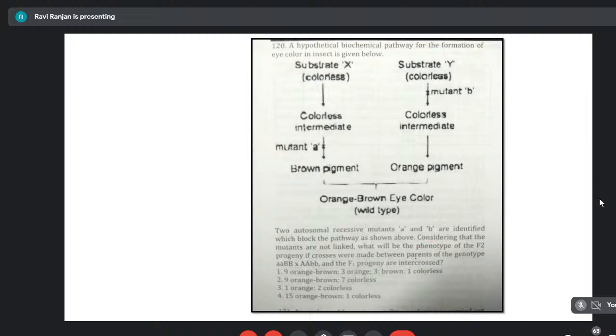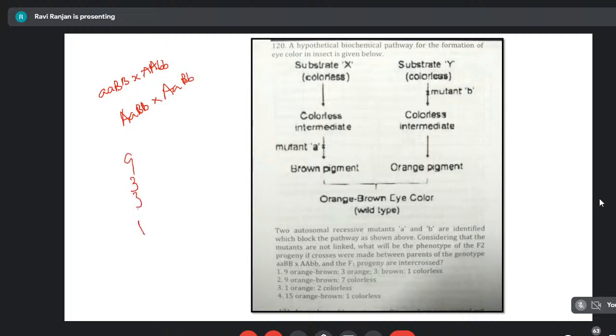What is the phenotype of the F2 progeny when you are crossing AABB with aabb? When the F1 progeny is intercrossed, it will be AaBb, and that will give you a 9:3:3:1 ratio.